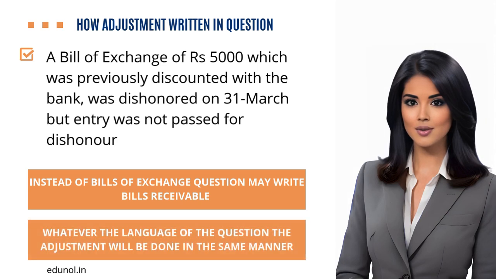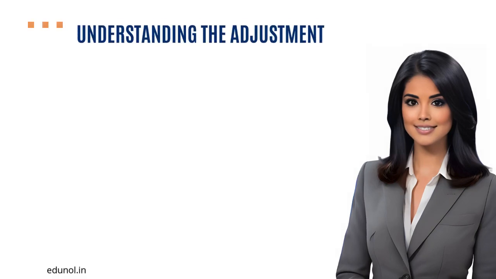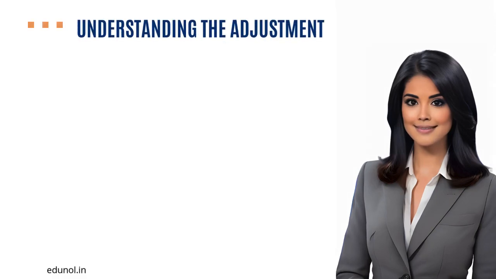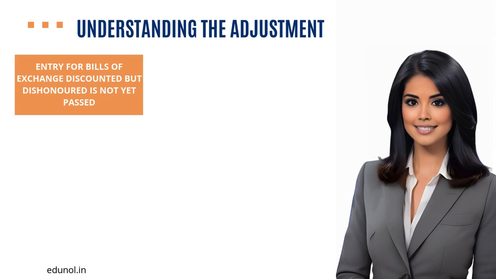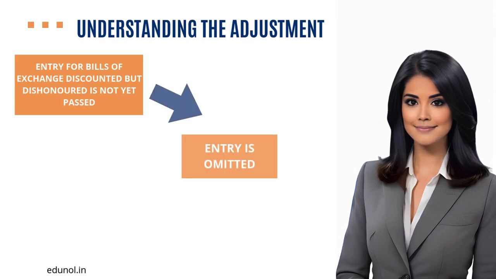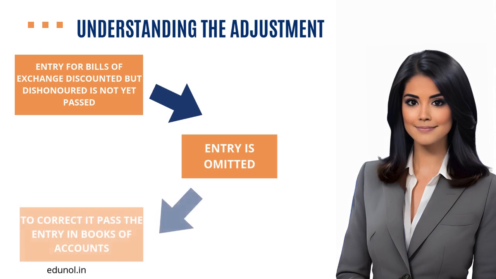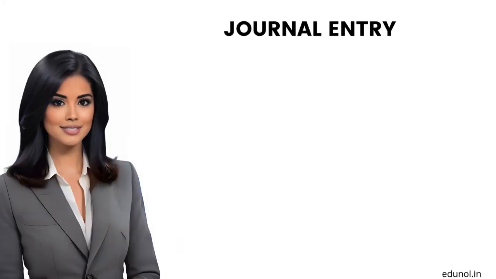Whatever the language of the question, the adjustment will be done in the same manner. Next, we come to understanding the adjustment. As per the adjustment, the entry is not yet passed for the bills of exchange discounted but dishonored. The entry is omitted. To correct the omission, we will simply pass the journal entry in the books of accounts of the partnership firm.